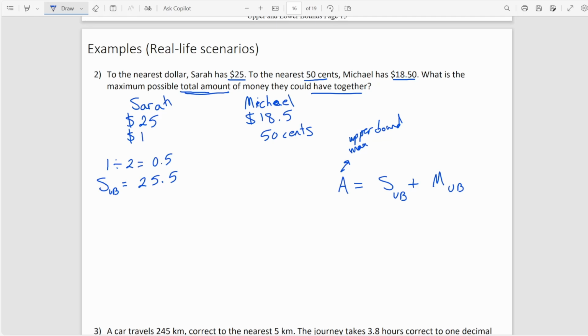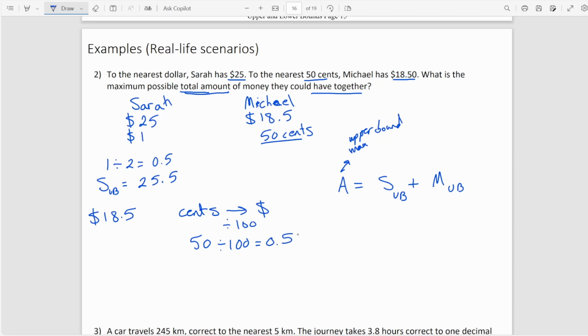Okay. Now for Michael, we know he has $18.5, yes, but the unit of round is 50 cents. Now, to change the cents to a dollar, we know that a dollar has 100 cents, so we divide by 100, okay? So 50, and we're gonna go ahead and divide that by 100. It would give you 0.5, okay?